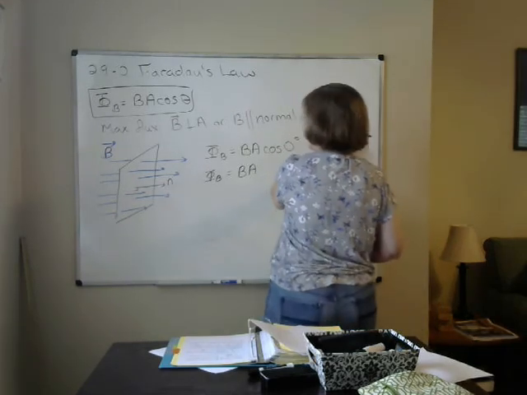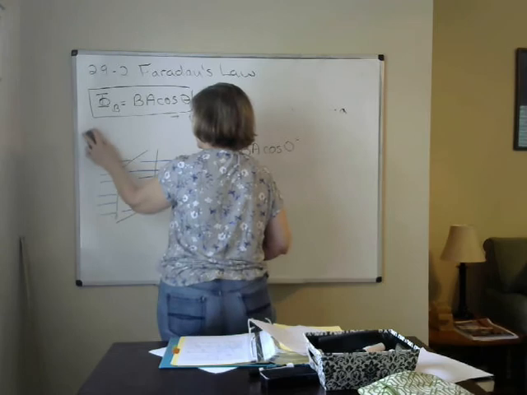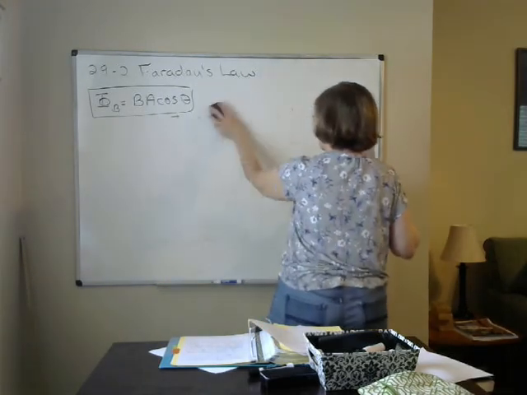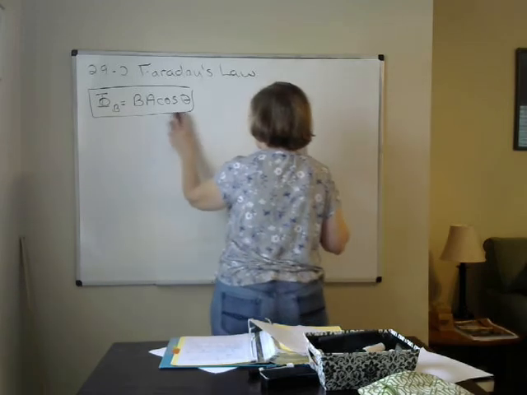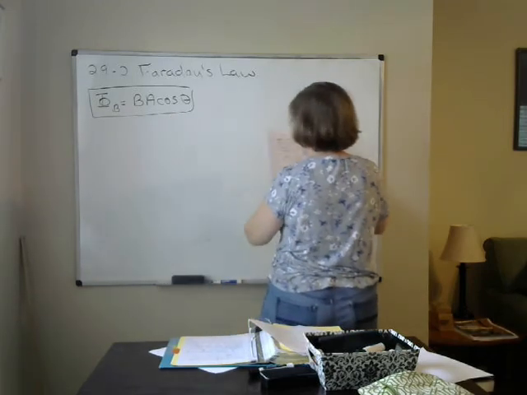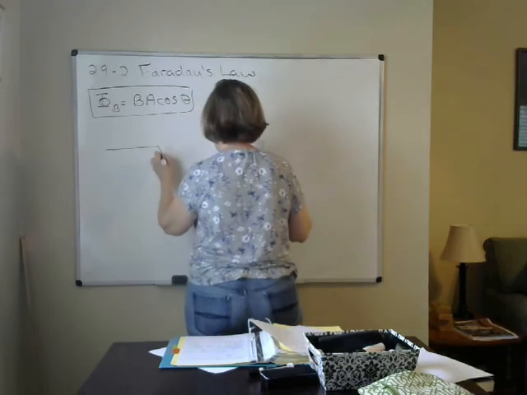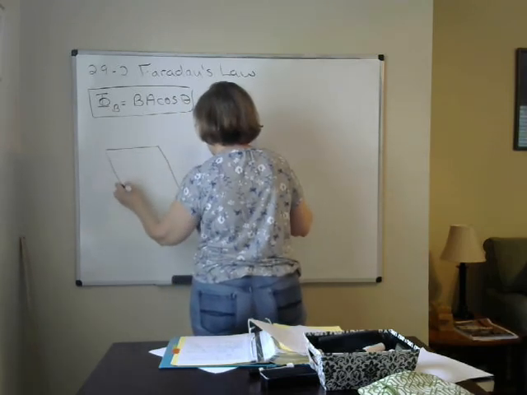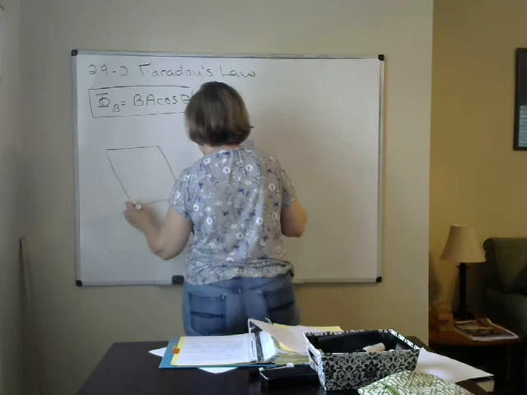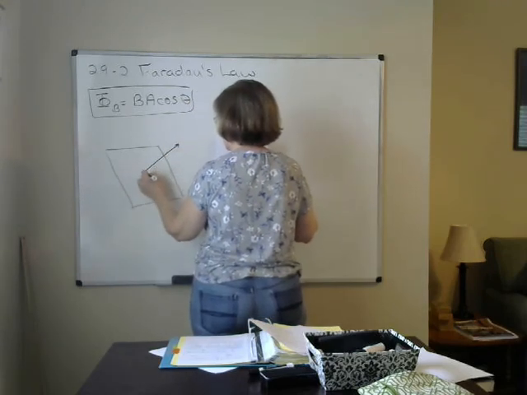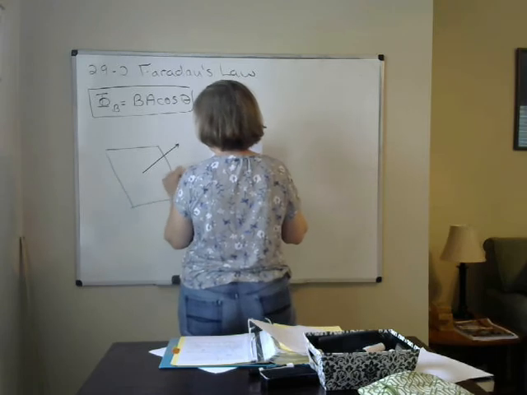Okay, that's not always going to be the case. Oftentimes, our area is at an angle. So maybe this is our area. Our normal is going off like this. I don't know if I drew that very well, but I'm trying.